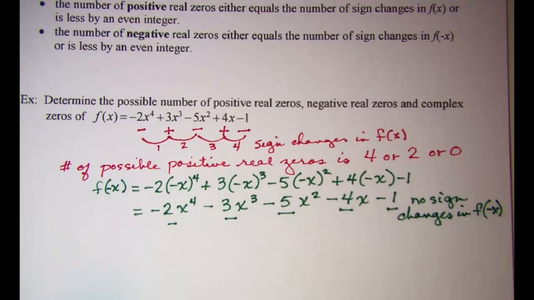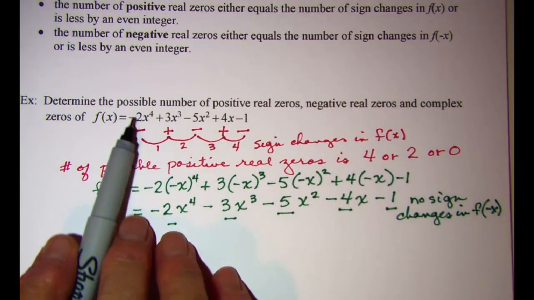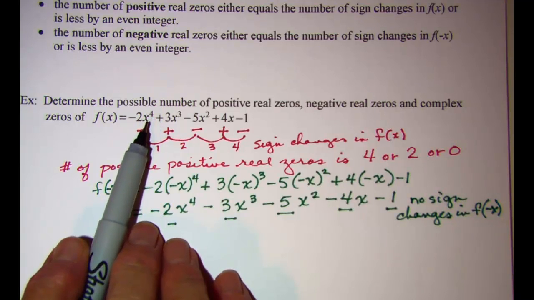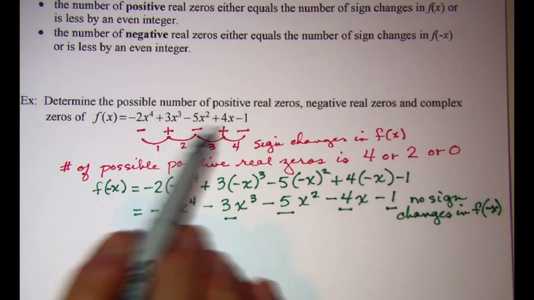Now we know then that a polynomial which is fourth degree will have at most 4 zeros. So we're going to have a total of 4 zeros for this function.